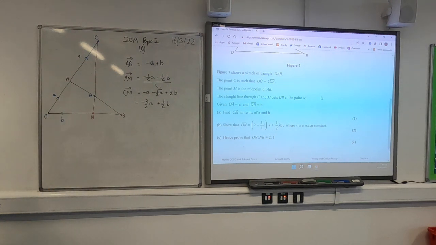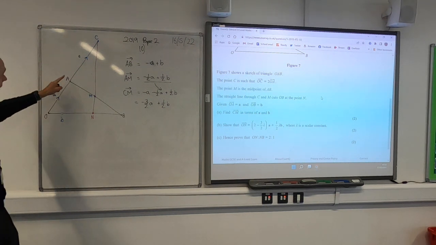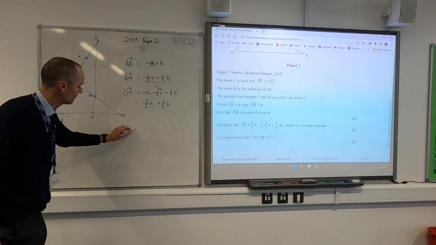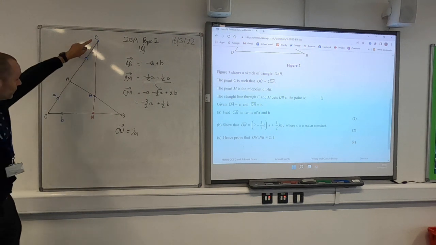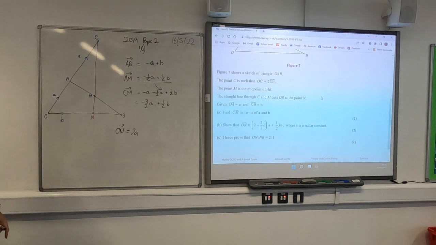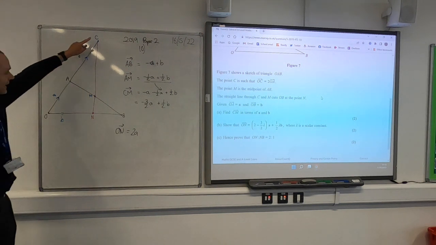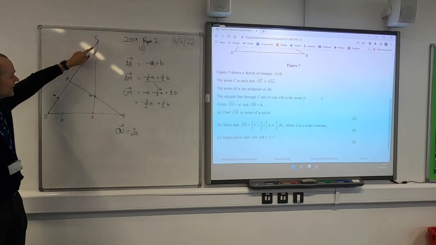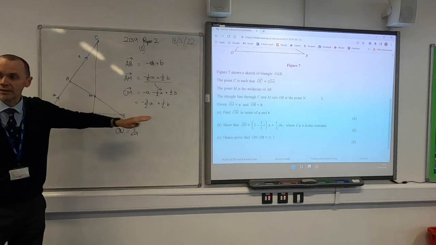Can I get from O to N in a different way? And you can, it's the most ridiculous detour you could imagine, but you can go all the way up here, and then all the way down here. Now, I don't know this journey here, but I do know something about it in relation to C to M, which I've just defined.